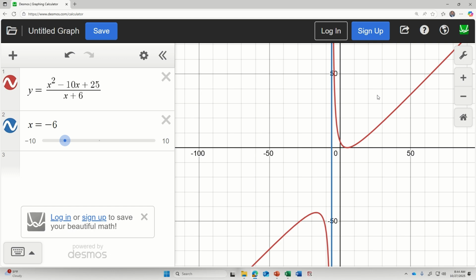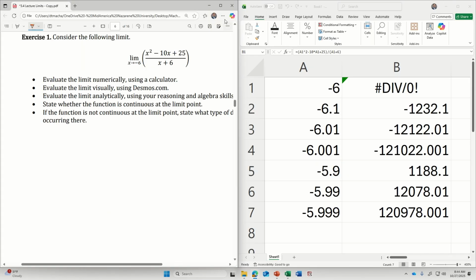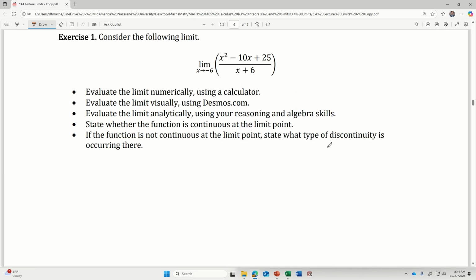As I get closer on the right side, it's going up to +infinity. So maybe you remember, but this type of discontinuity is called an odd pole. And obviously the function is not continuous, so I wouldn't be able to draw that whole curve without picking up my pen.